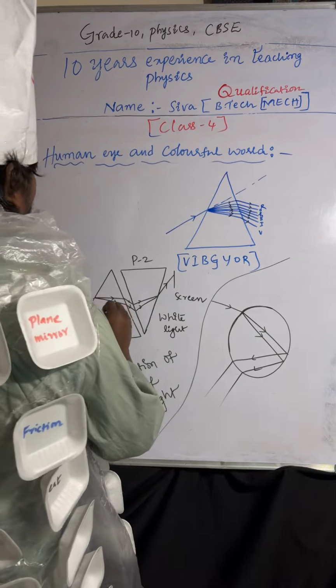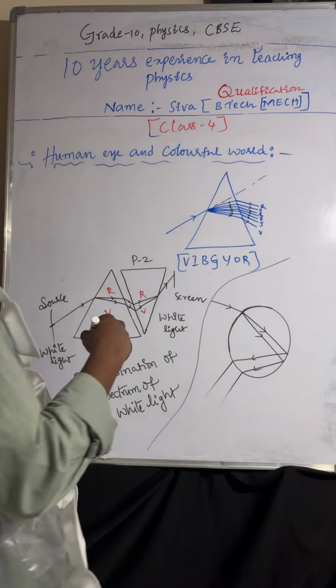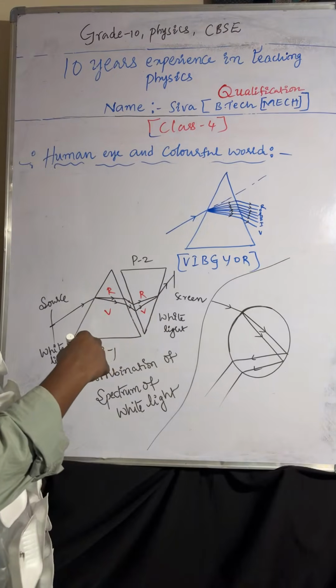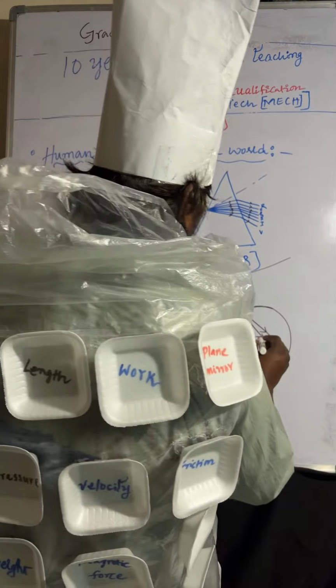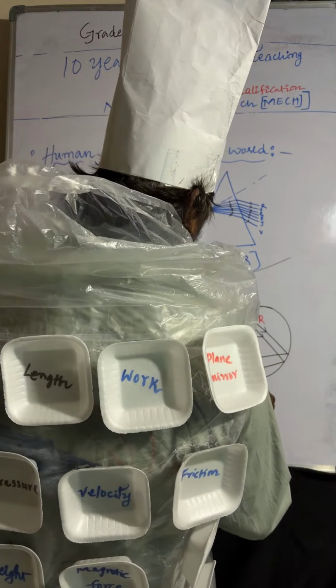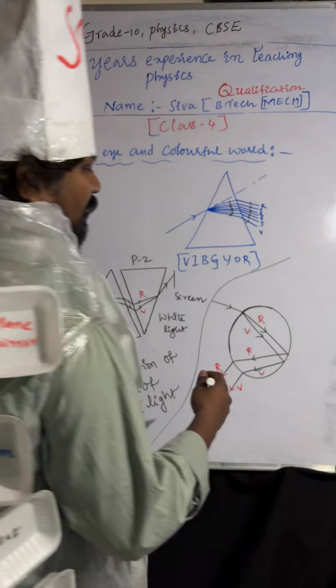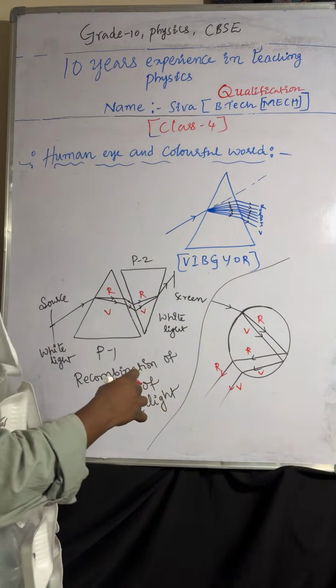So bottom is violet. Violet deviates the most, red deviates the least. Red has longer wavelength, it travels a long distance. And here you can see this is the violet and red, and here also violet and red. Understood? So rainbow formation by water drop.